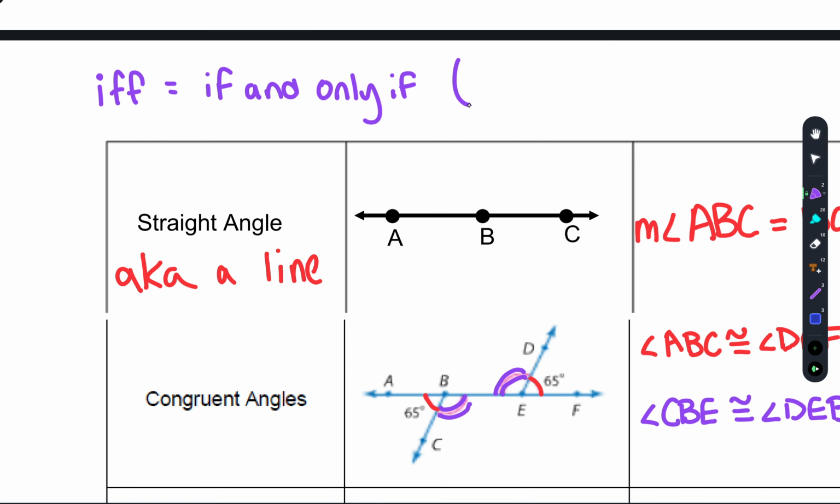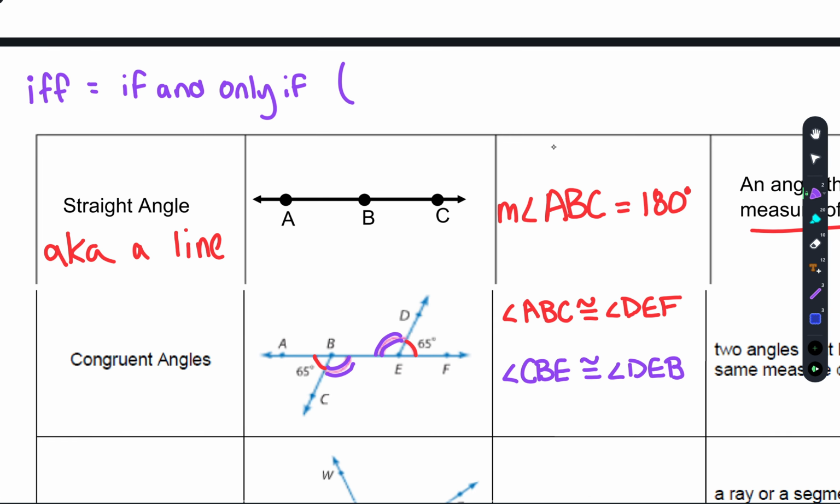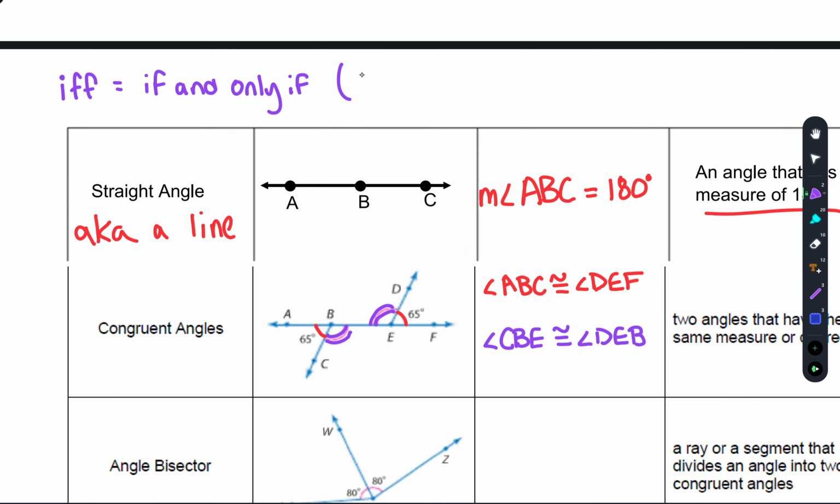And it basically means that a statement that has this abbreviation in it can be read backwards and forwards. I'll make it make sense in a second. We got that little note in there?